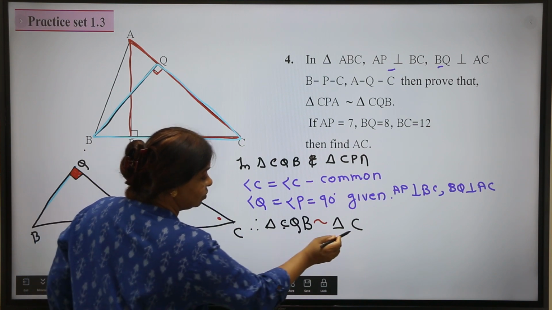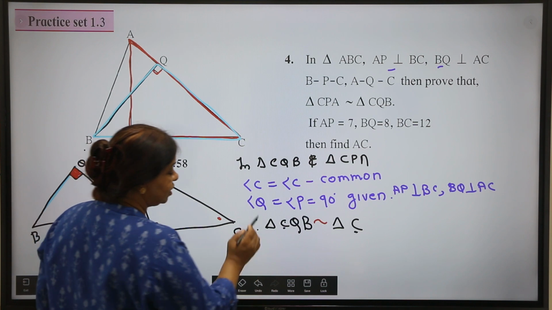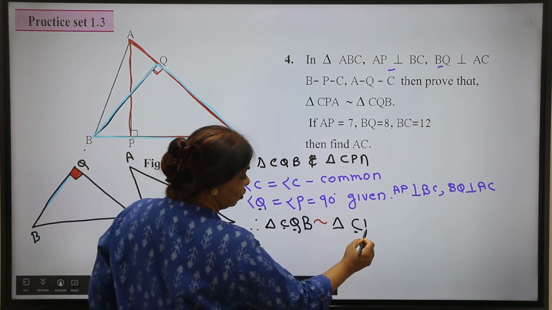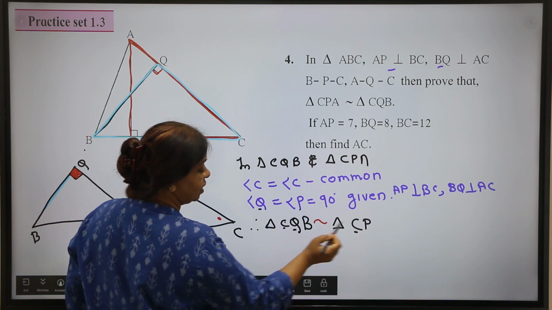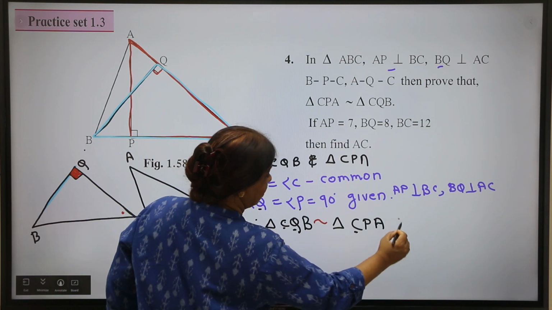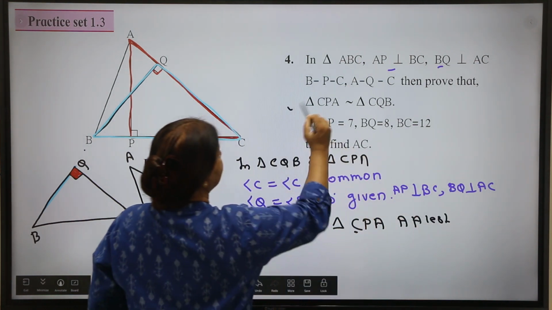Angle C is equal to angle C, corresponding angles should be written in the same line. Then Q is equal to P, so here P will also come. CQB, then CPA, by which test? Angle test. So we are done with this.